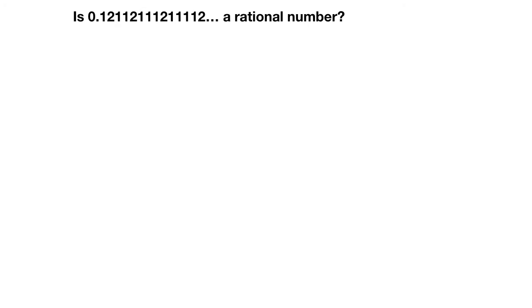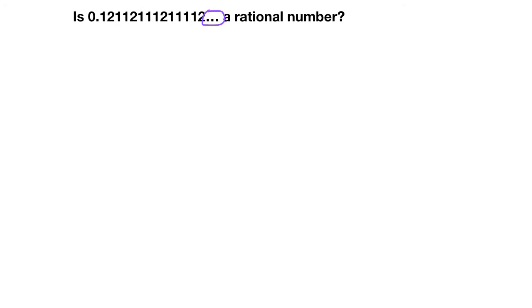Is this value a rational number? First of all, if we look at it, we have our ellipsis. That tells us it's a never-ending, non-terminating decimal. So we need to see if there's a repeating pattern inside of it.